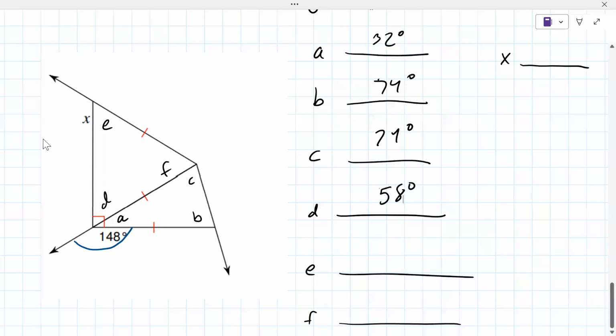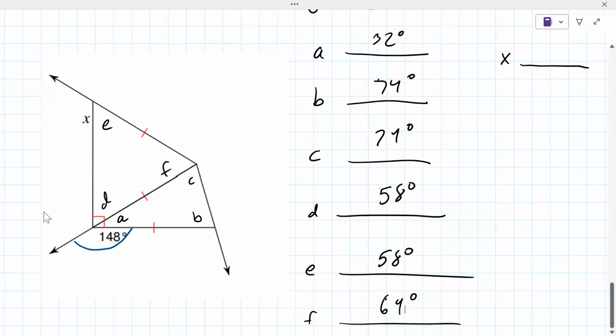Okay, 58. So then again, what kind of triangle is this one with D, E, and F? That one's isosceles as well. So then E would be 58 also. And what would F be? The last one would be 64.